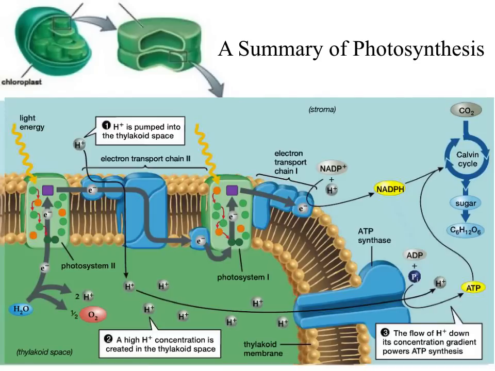Okay, let's follow the flow of electrons through this entire photosynthesis system. First of all, we have to energize electrons. We do that through the sun. But where first do we get these electrons from? You take water and you split it. That's why water is at the bottom left-hand side. You take water, you split it into its constituents.